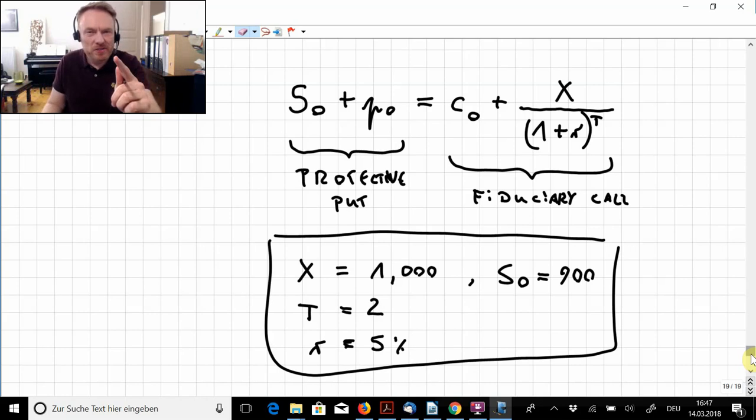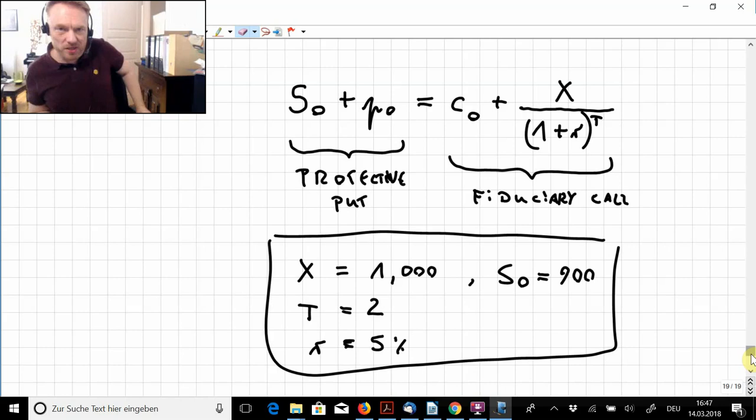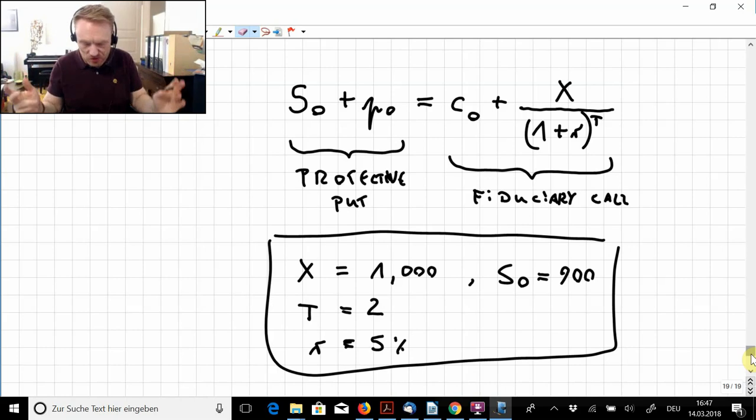So one last thing about it. If the exercise price, say, is $1,000 or 1,000 euros or 1,000 yen, and the call expires and the put expires in, say, 2 years, let's have capital T equal to 2, and the interest rate is going to be 5%.